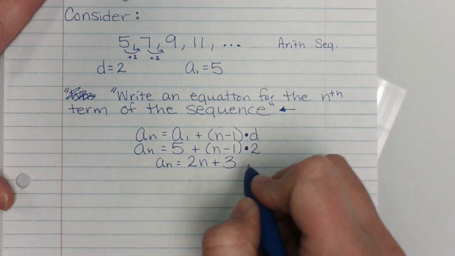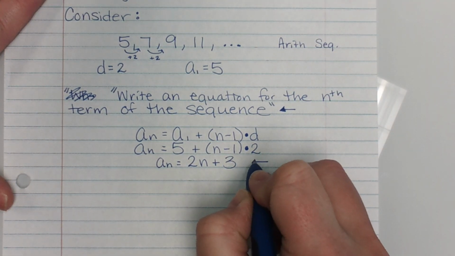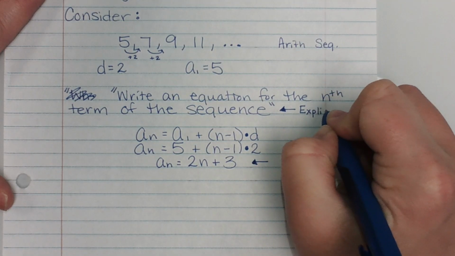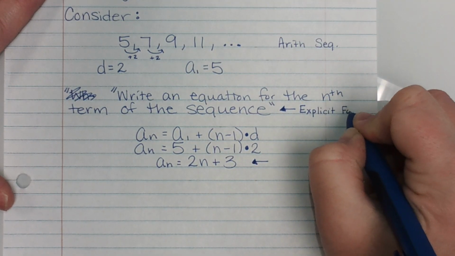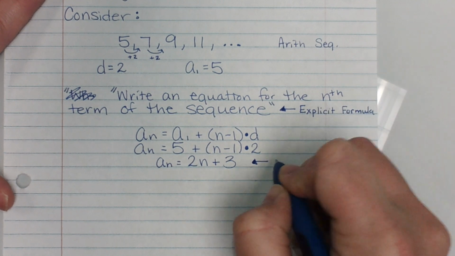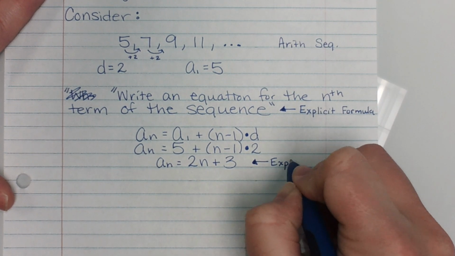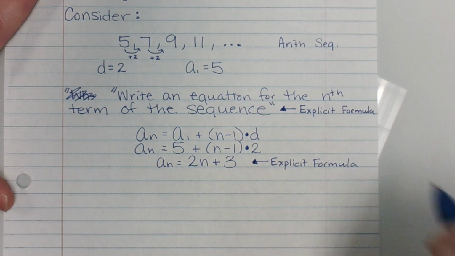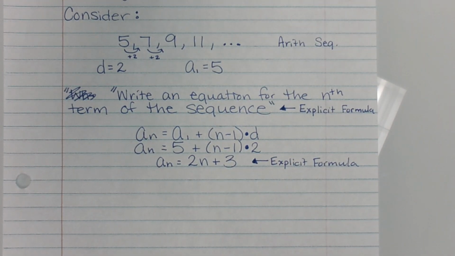This phrasing, this type of equation, is what's known as an explicit formula. An explicit formula is one in which I can say, what's the 500th term of the sequence? And you should be able to figure that out by just plugging in the number 500.